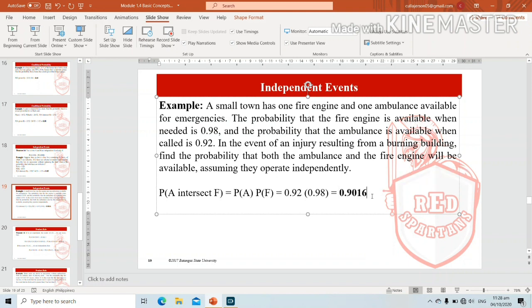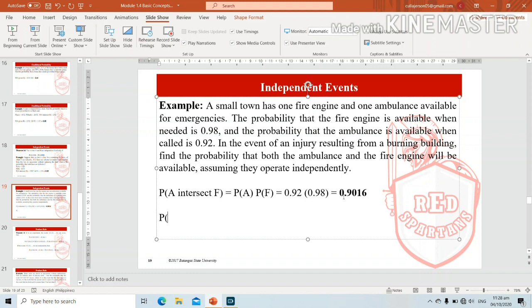So halimbawa naman, ang tinanong ay find the probability that both ambulance and fire engine will not be available. Halimbawa, ano yung probability na hindi available yung ambulance at fire engine? So, ibig sabihin, ang kukunin mo muna ay yung probability na hindi available yung ambulance and fire engine.